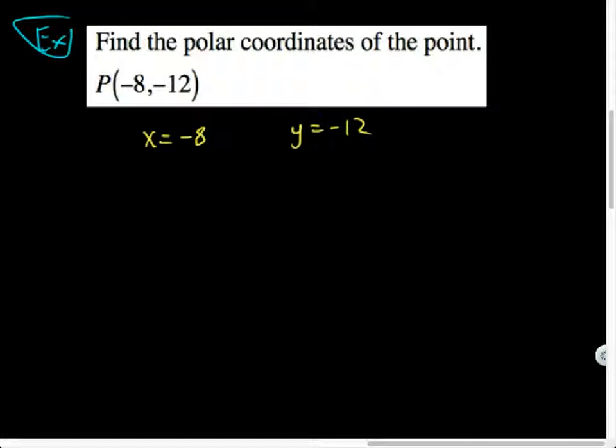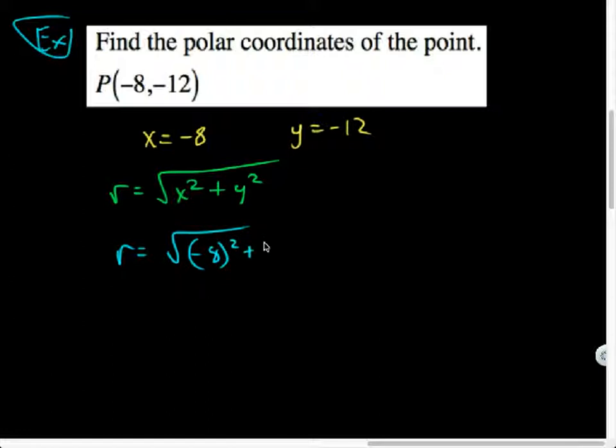So I'm going to be looking for r. The formula I'll use is r equals the square root of x squared plus y squared. So I'm just plugging and chugging. r equals the square root of (-8) squared plus (-12) squared. So r is equal to the square root of 64 plus 144.